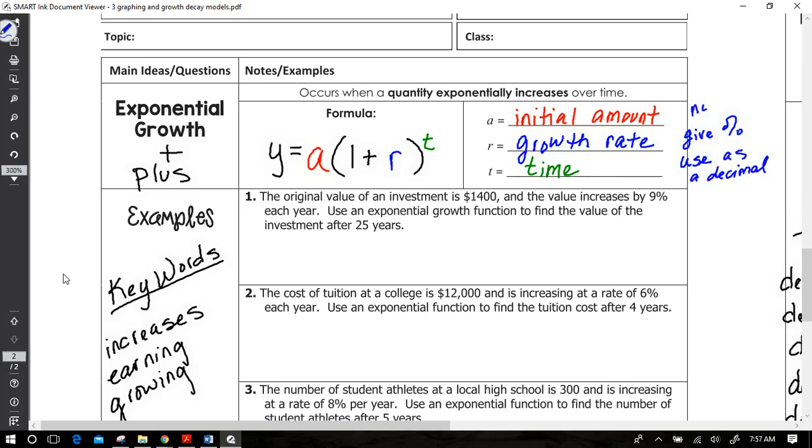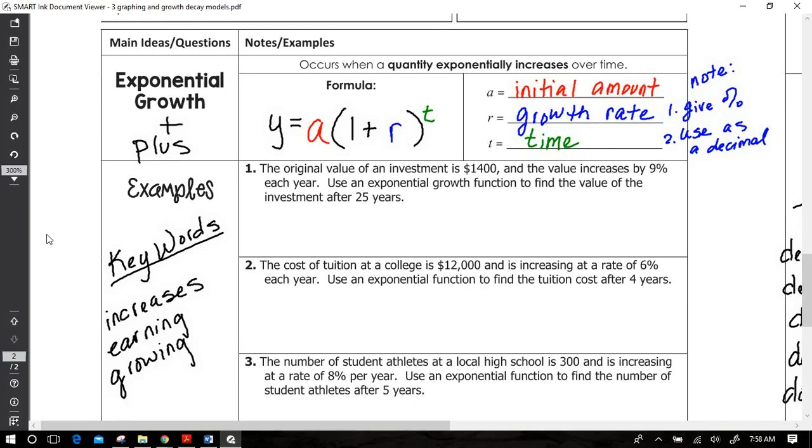So that's kind of an important note about the growth rate. So 1, they're going to give you a percentage. 2, we need to convert that percentage to a decimal so that we can use it. And then finally, T represents time. How long has something been growing for?